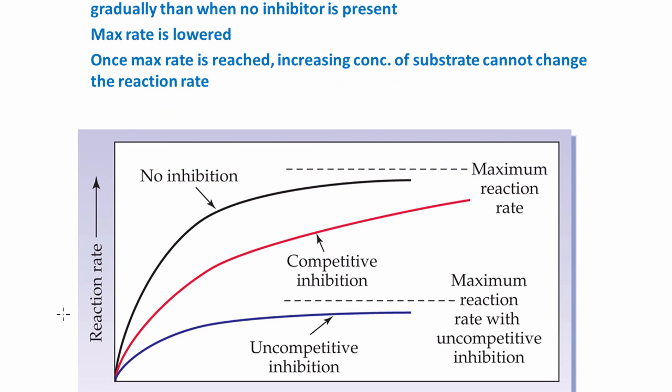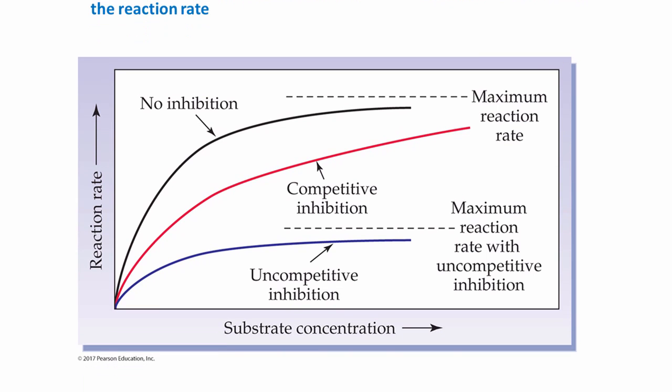But anyway, back to this. So here is the reaction rate versus substrate concentration. And this is the curve with no inhibition. And here we're talking about uncompetitive inhibition. So again, that's where the inhibitor is not competing with the substrate for the active site.